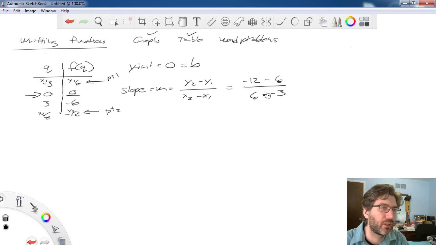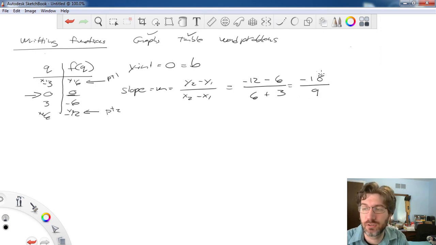Just watch your signs. This cleans up to be positive. Here you're going to have a negative slope because one of these numbers will be negative and one positive. Negative 12 minus 6, signs are the same, so add and keep the sign. That's going to be a negative 18. And over here, 6 plus 3 gives you a positive 9.